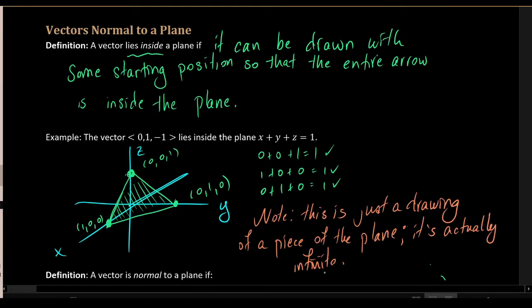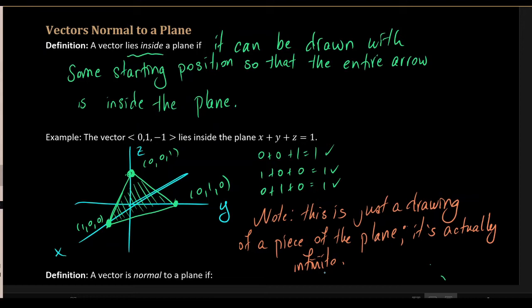Now if I drew the vector 0, 1, minus 1, according to tradition, starting from the origin, then the vector would not lie entirely inside the plane, because the plane itself never actually touches the origin.